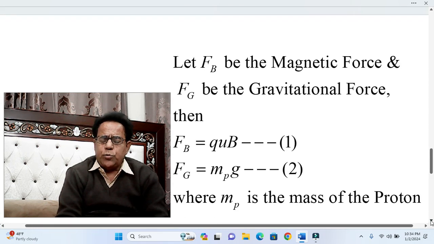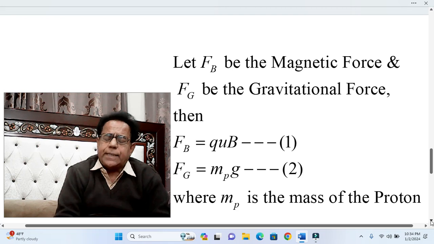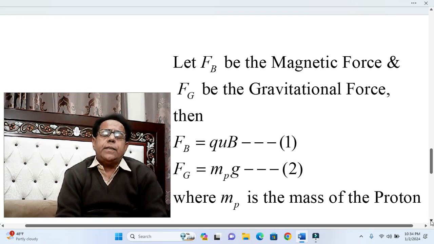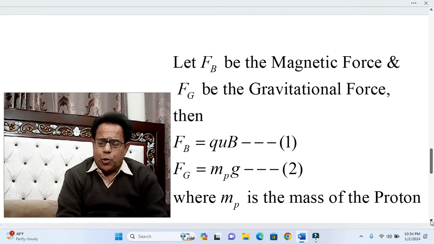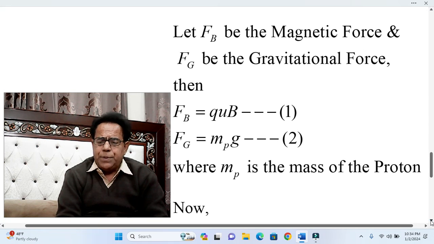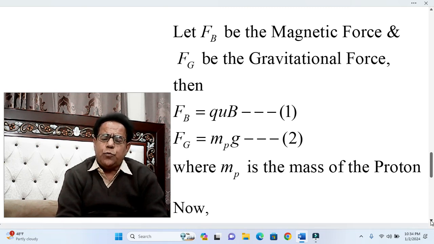Now, dear students, in accordance with these snapshots, our problem has become quite simple. Let Fb be the magnetic force and Fg be the gravitational force, because we have to find the ratio of these two forces.